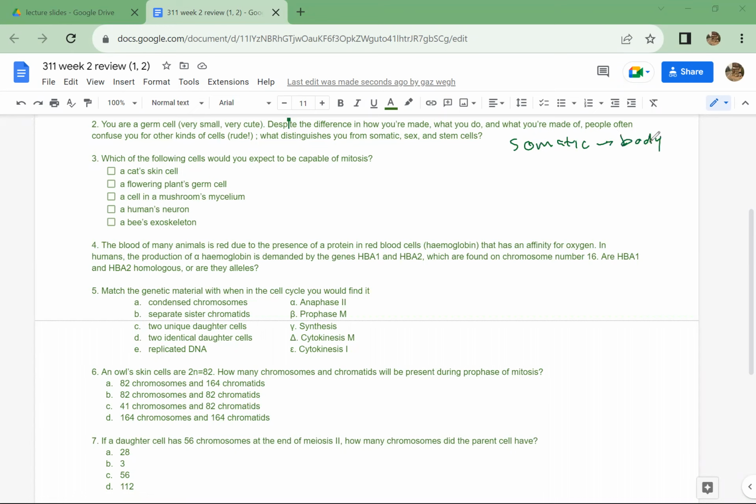So somatic cells are our body cells, like our skin, our bone cells, the cells that aren't for reproduction, which is what our germ cells are. You would find germ cells in your sex organs, your testicles, or your ovaries. And these produce our sex cells.